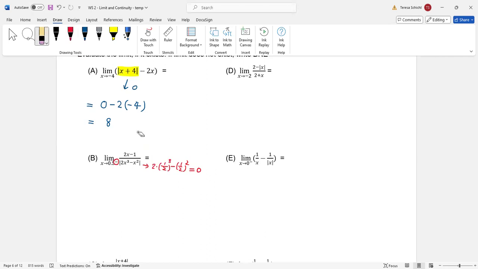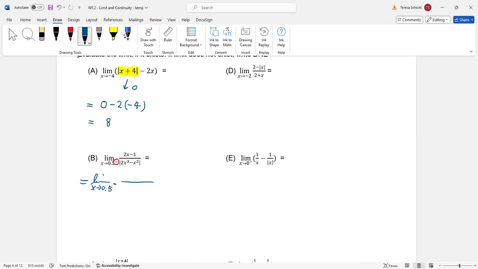Now in order to get the limit, I need to break the absolute values. This is the limit as x approaches 0.5 from the left-hand side.